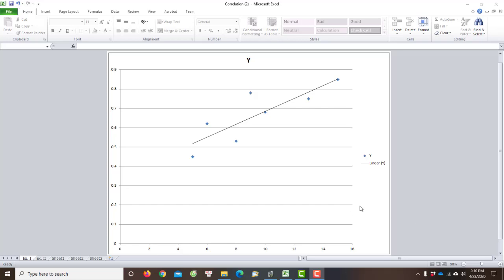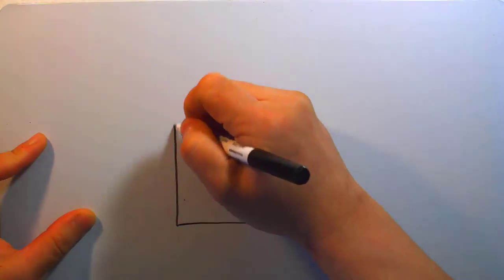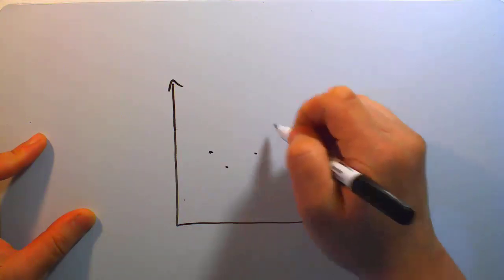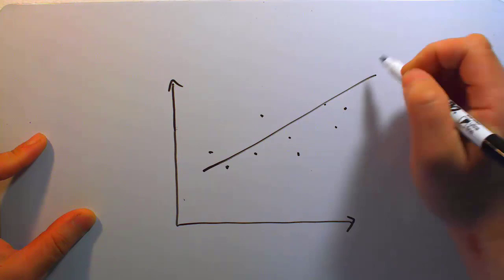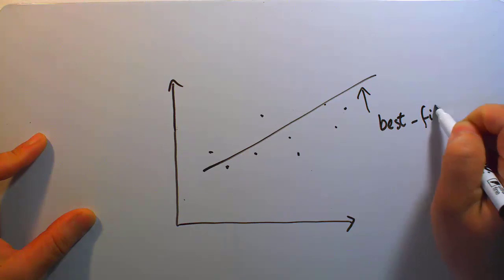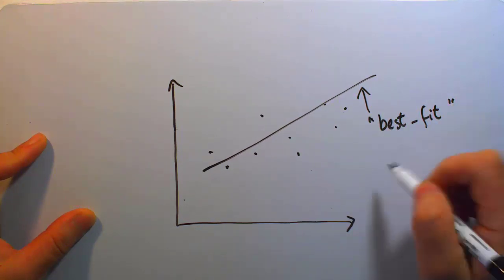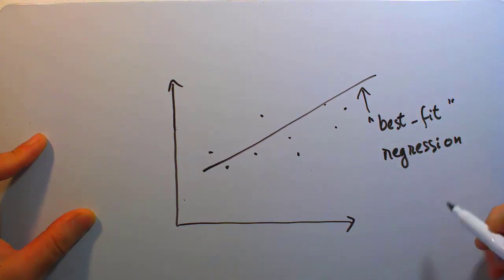All right, so we are now ready to find out how to find the equation of this line right here. Back on my writing board, first of all, anytime you're on a scatter plot, this line is called the best fit line, or many people also call it the regression line.